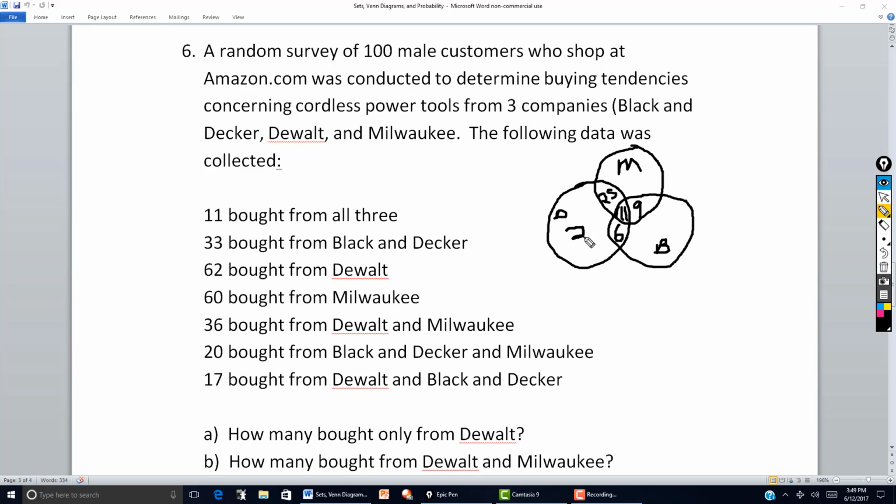This would have to be 20. In the same way, 60 bought from Milwaukee. So we add these up, 9 and 11, so this total of regions has to add up to 60. 11 and 9 is 20, and 25 is 45. So to get to 60, we need 15. So this will be 15.